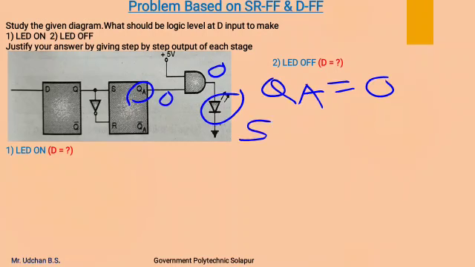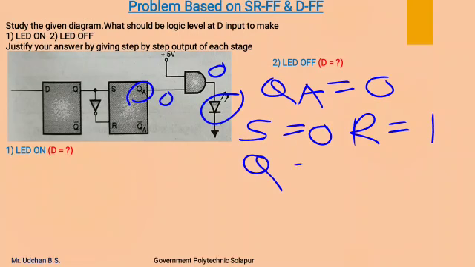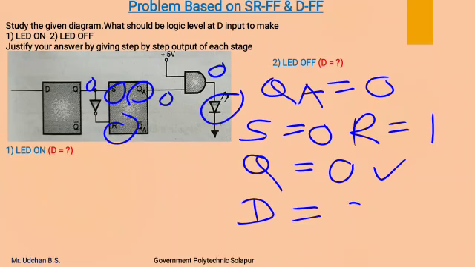we need the S input of the SR flip-flop as 0 and the R input as 1. So for that the Q output of the D flip-flop should be 0, by which this S will become 0 and R will become 1. So to get the Q output of the D flip-flop as 0, we need to connect the data input to 0.